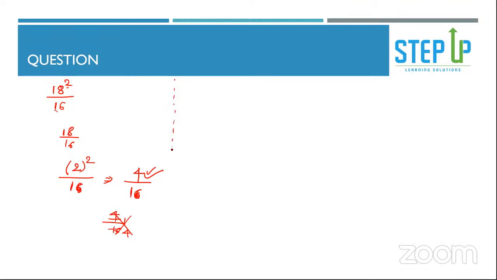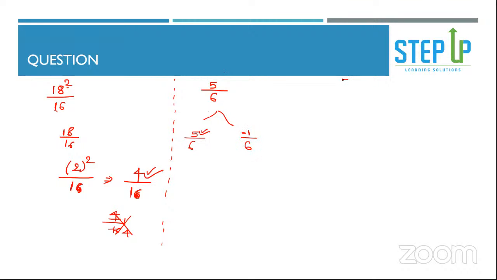One more very common question is: when 5 is divided by 6, what's the remainder? When 5 is divided by 6, your remainder is 5 itself, or your remainder is minus 1 by 6.